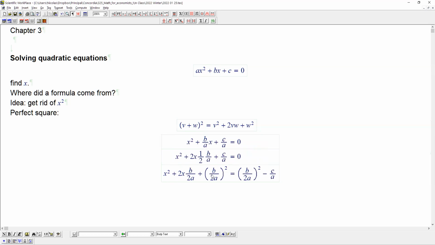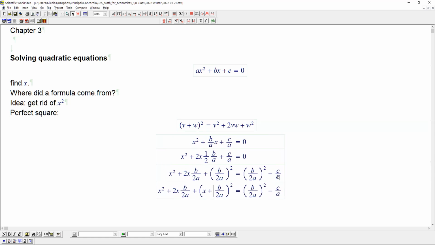It's x plus b over 2a squared. Makes sense? If it's going too fast, you can just try that on your own. So then I can just write it here, x plus this squared.